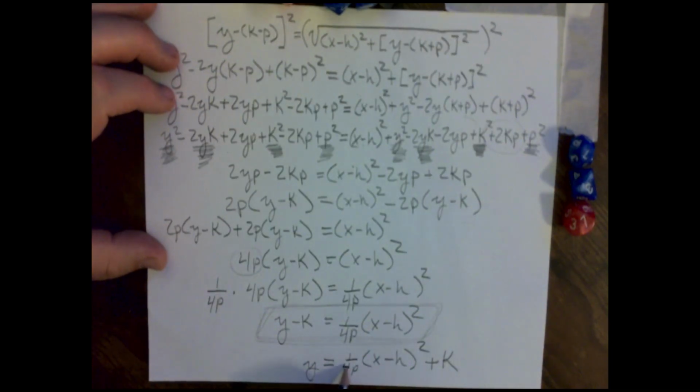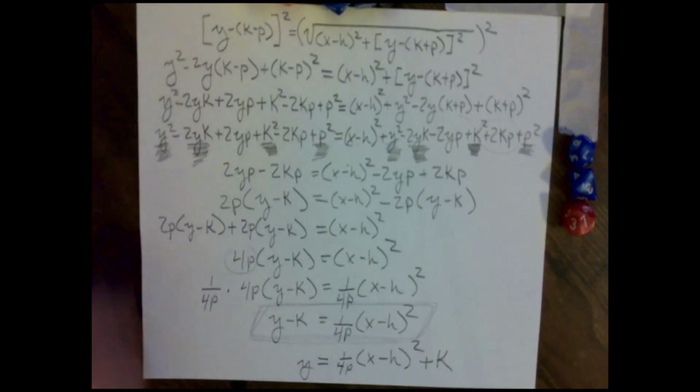So here we can see we're going to rewrite this on the next page, because we're doing 1 through 5. So let me get another piece of paper here. Okay, and let's see. Y equals 1 over 4p x minus h squared plus k.